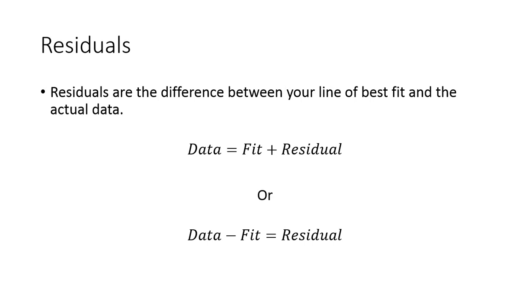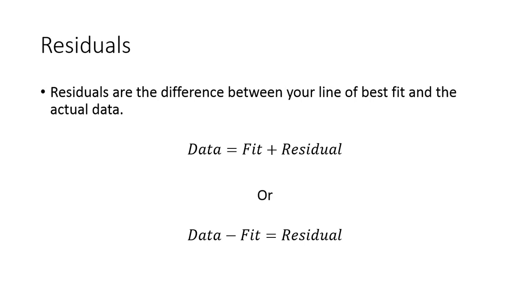So if we had 100 data points, there would be 100 residuals to calculate. Another way of doing it is just doing the data minus the fit, and that gets you your residual. You can get a positive or a negative number based on where the data falls. So that's how you find your residual.